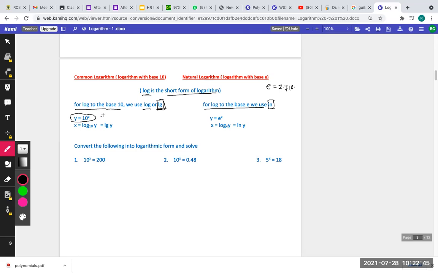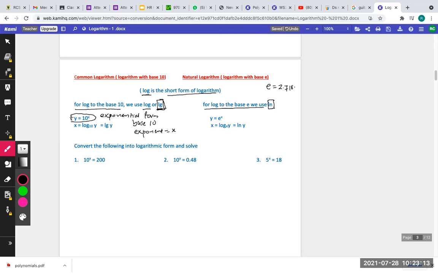Okay, let's say y equal to 10 to the power x. We know that is in exponential form, right? If that is in exponential form, there is a base and there is a power. What is the base here? The base here is 10, 10 to the power x, and the exponent or the power is x. Base is 10 and exponent is x.